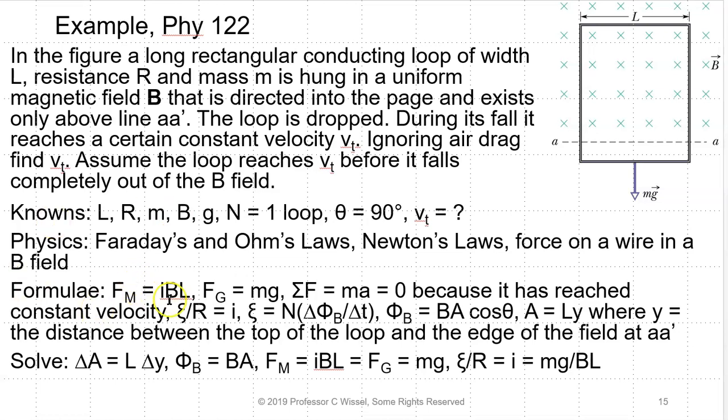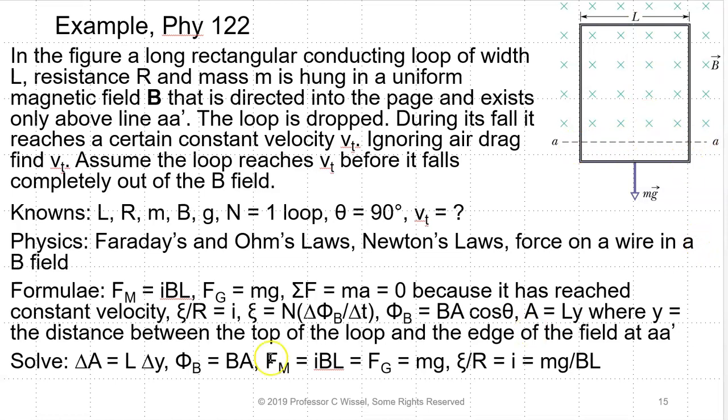The formula is Fm equals IBL, Fg equals mg, summation F equals ma has to equal 0 because it's reached constant velocity and acceleration is 0.